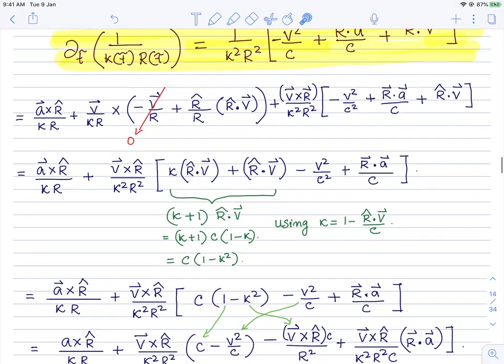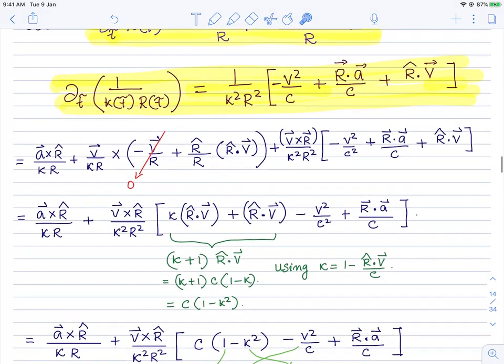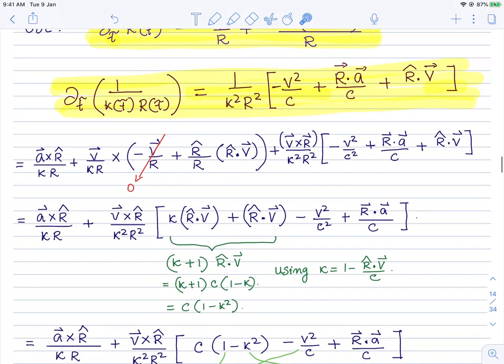That is something useful to remember. So when I write this term down, this term v cross r hat gives me a kappa times r here. So this term is this one. And from here also, this is v cross r, kappa square r square, that goes outside. From here also, I have an r hat cross v, which comes in here. So this is this term and this is this term.